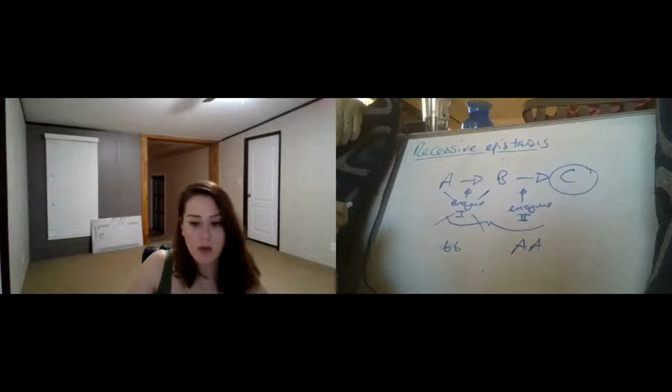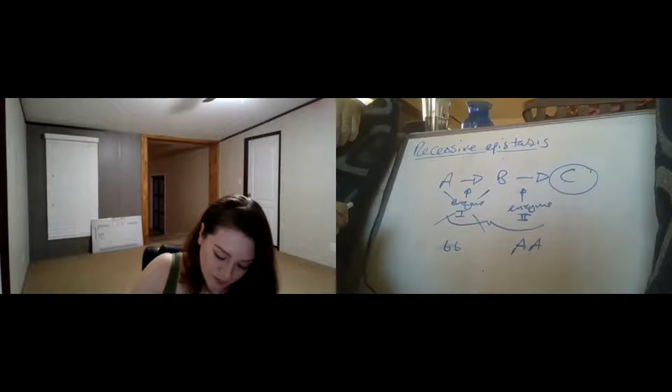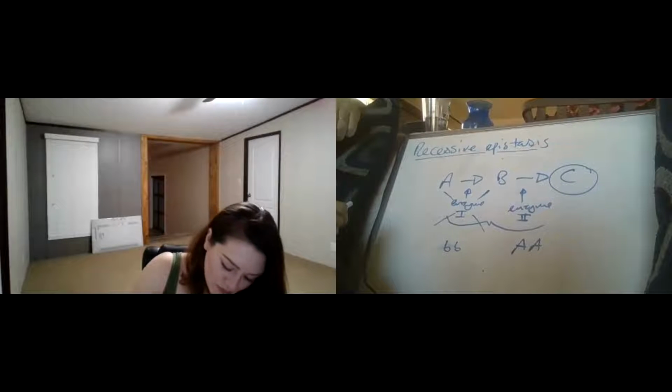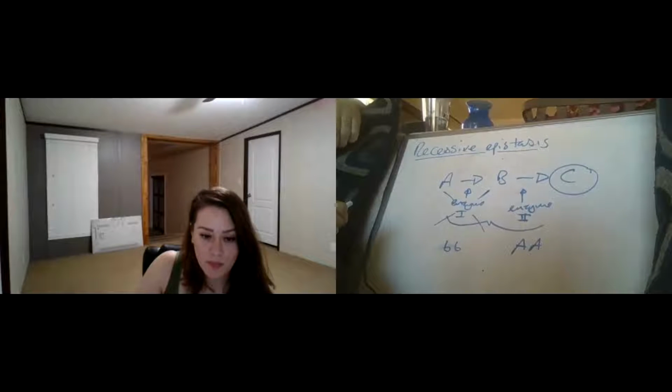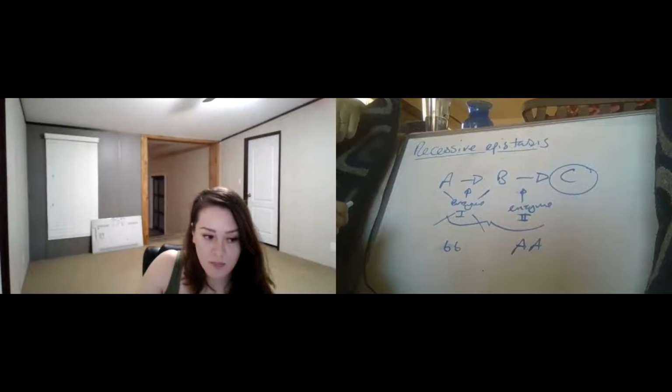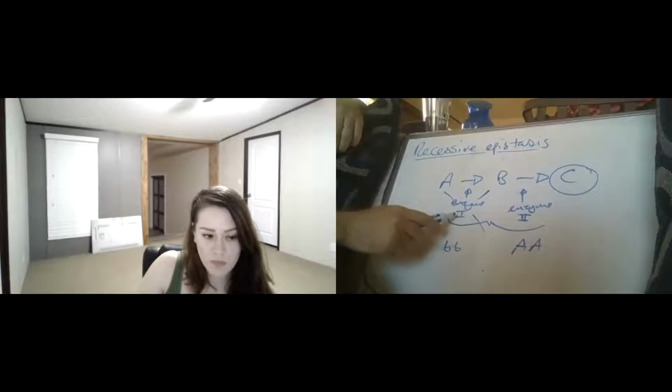What's going to happen to the phenotype of enzyme 2? Anybody? If enzyme 2 is all about taking B and making C, what happens when you get rid of enzyme 1 function? You get a change for sure.